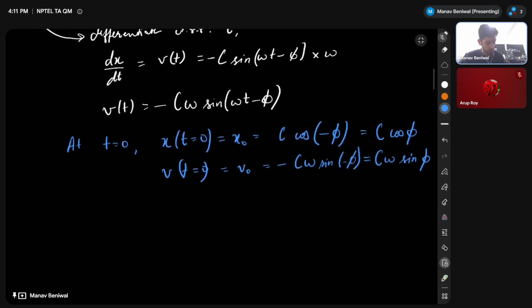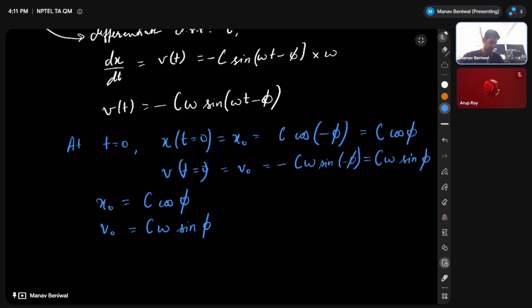So we have now two equations: x naught is c cos phi and v naught is c omega sine phi. Now we have two equations and two variables, c and phi, so we can solve both of these equations to find the value of c and phi.